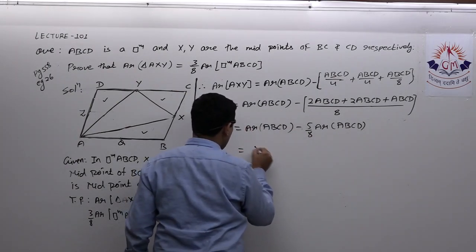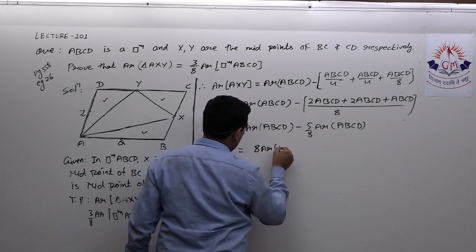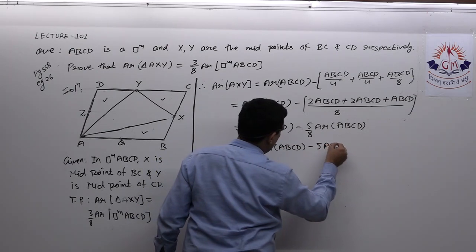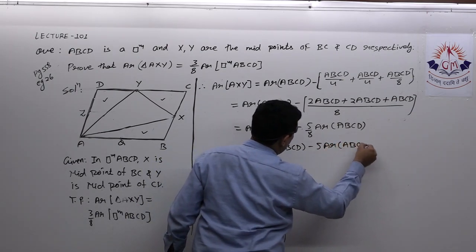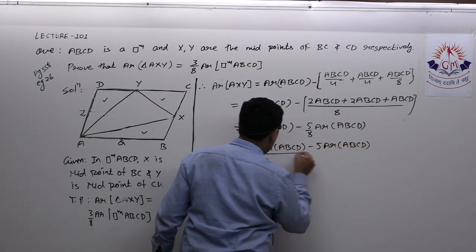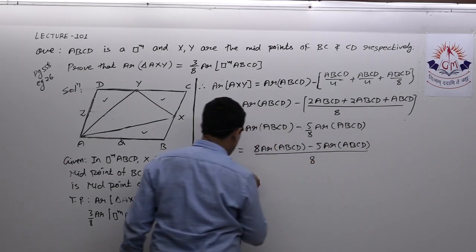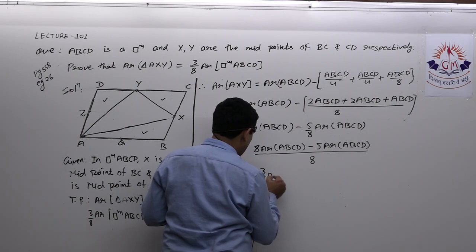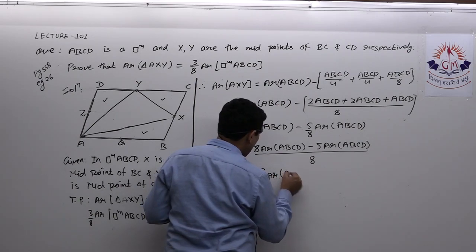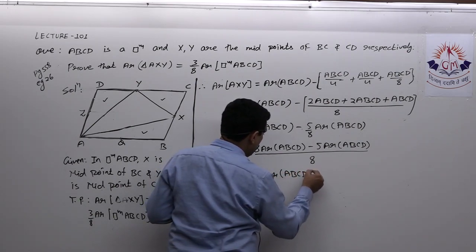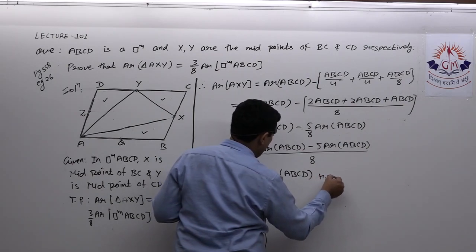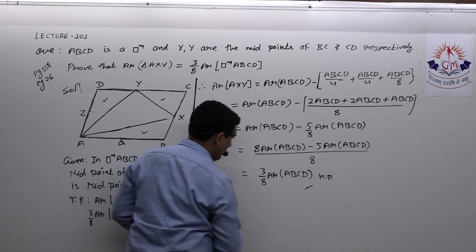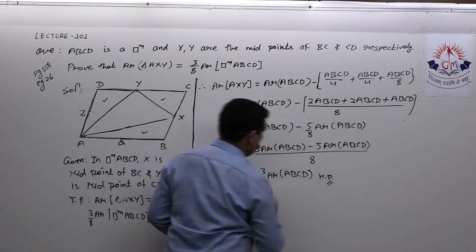So this gives you 8 area ABCD minus 5 area ABCD divided by 8. So 8 minus 5 is 3. So 3 by 8 area ABCD. Hence proof. So please note it down. Then we'll see the next question.